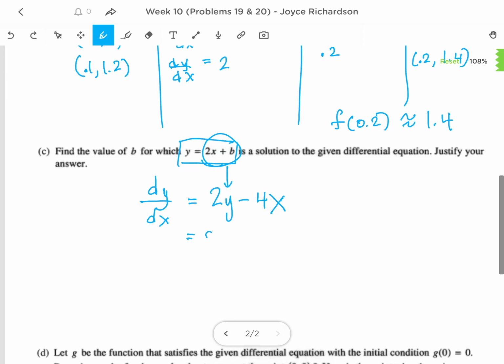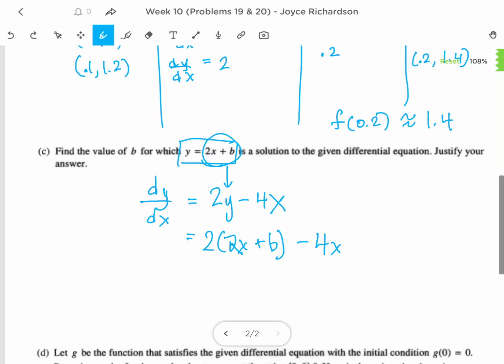So I end up with 2 times (2x plus b) minus 4x. Okay.